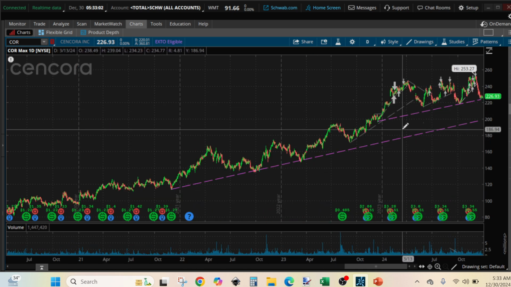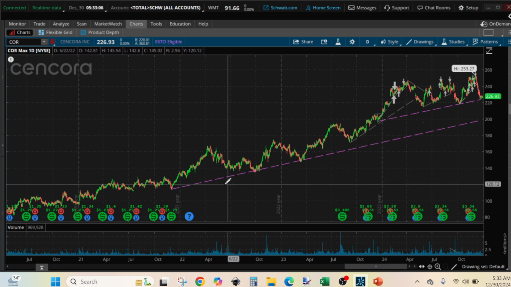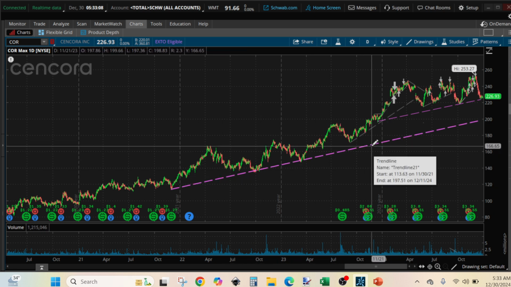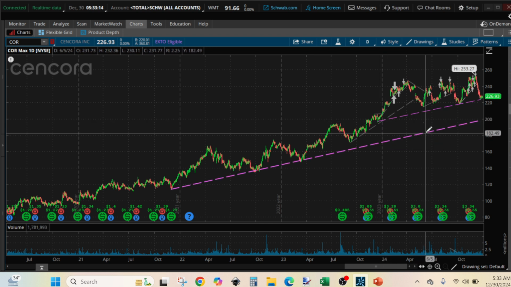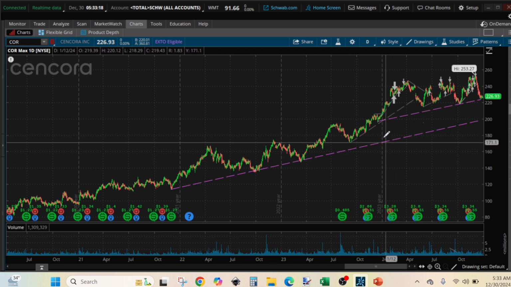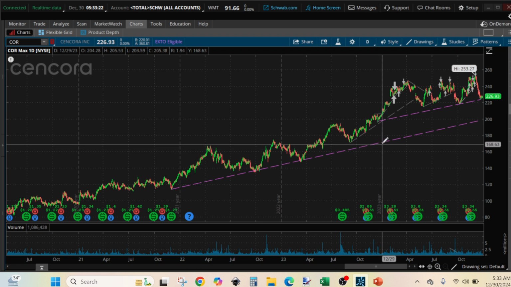So now that I'm on the maximum daily chart, I have this line, and then I have this line here, and this one is a 1 year trend line. This is a longer one.